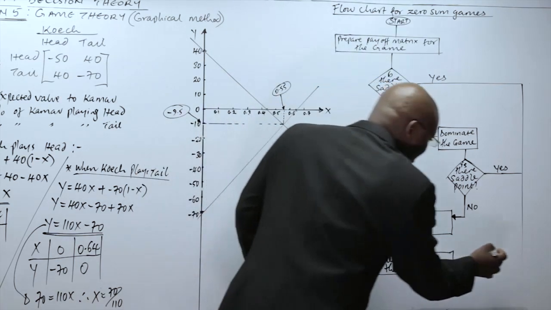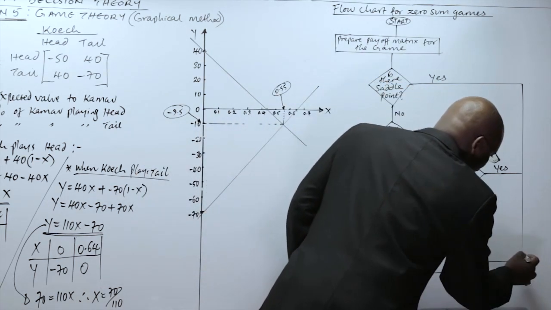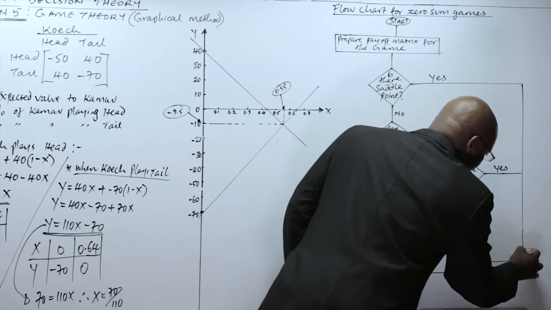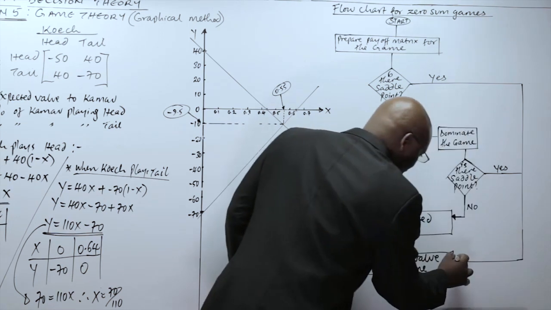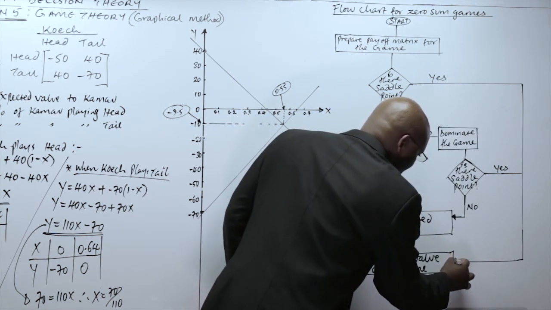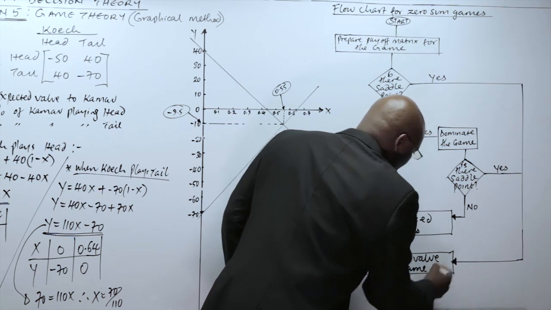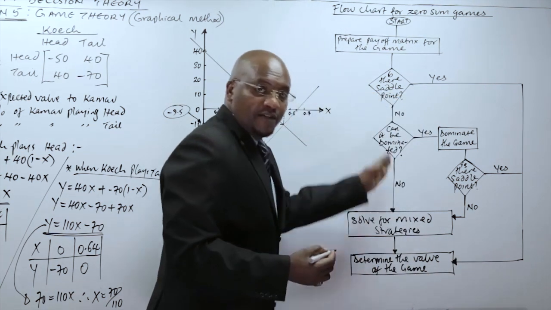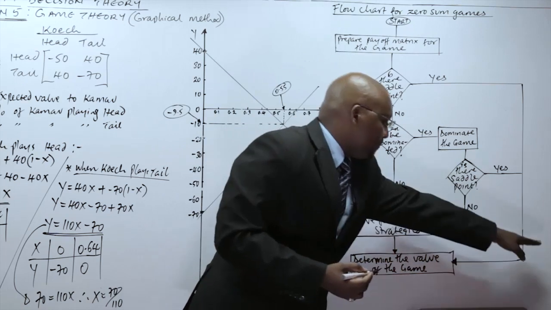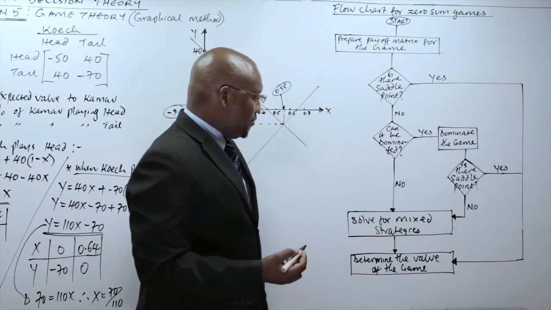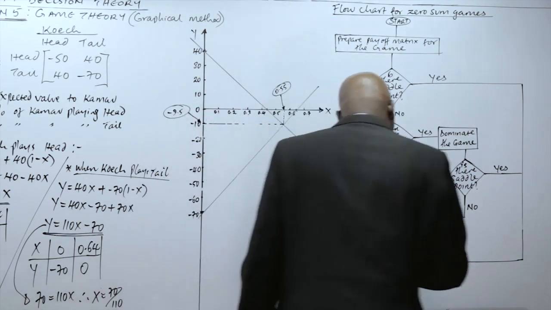So meaning this line will connect there. This is determine the value of the game, even if it's pure. So this is for the mixed strategies. This is for the pure strategy game. Then the game ends.